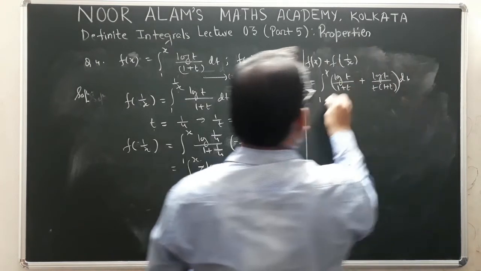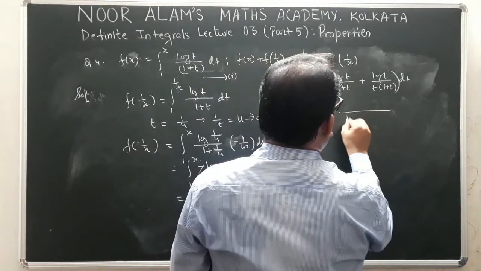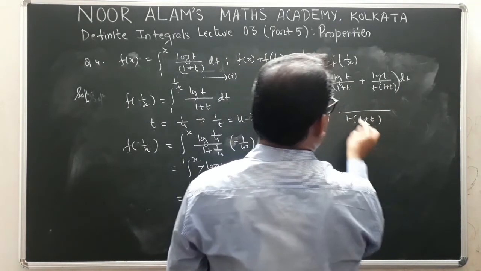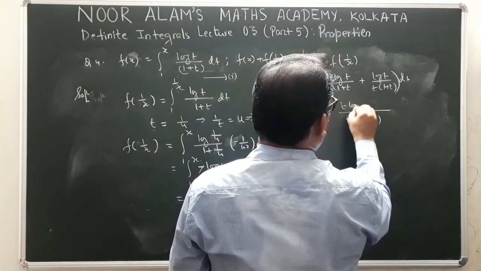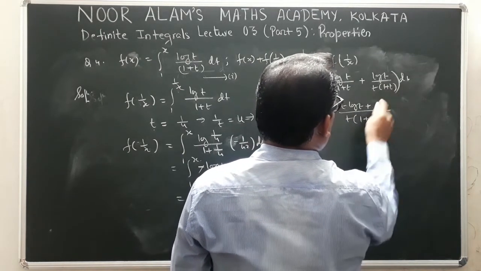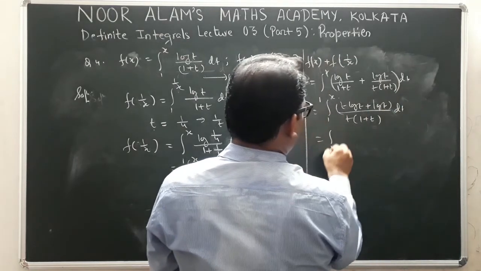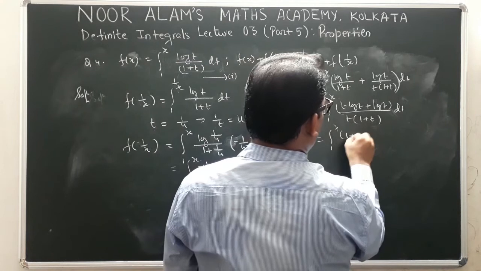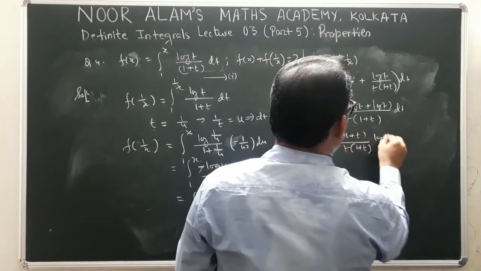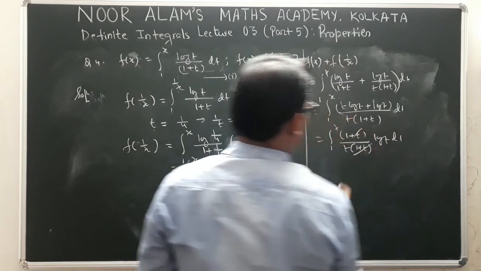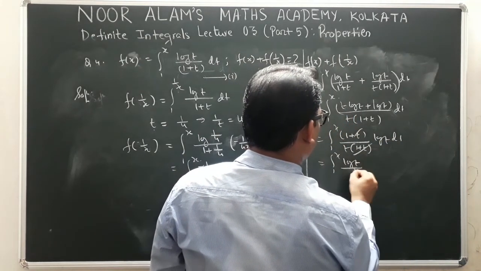Taking common, 1 by t into 1 plus t, we get log t times 1 plus t by t into 1 plus t, dt. Now these two parts cancel out. So we have the integral from 1 to x of log t by t dt.